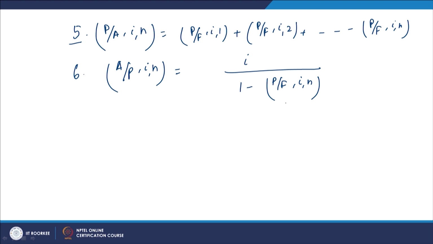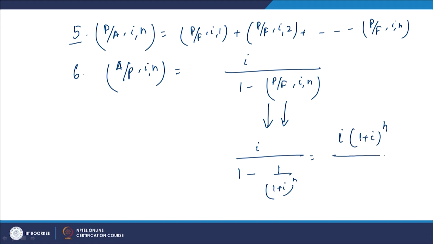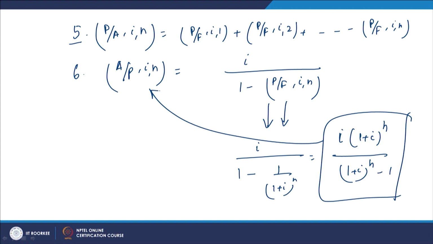So, as you look at this, i upon 1 minus P/F, where P/F is 1 by (1 plus i)^n, comes out as i into (1 plus i)^n by ((1 plus i)^n minus 1). That is what we get from here.